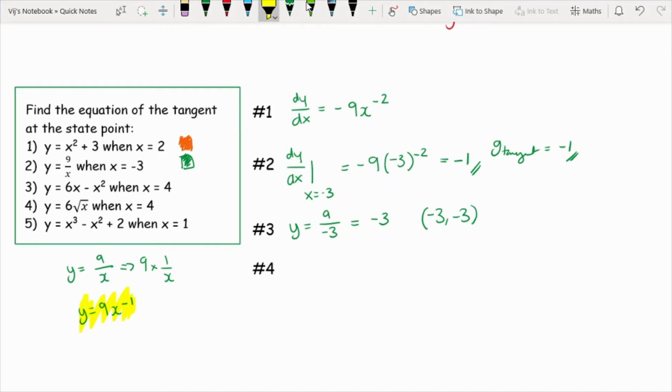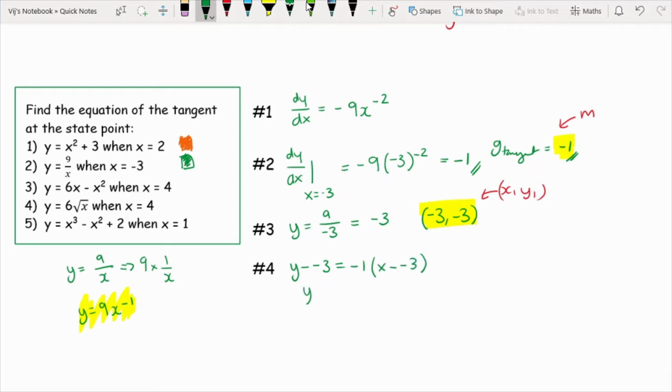So using this as my m, and this as my x1, y1, so if I just label that, so that now is my m, this is my x1, y1, going back to my green. So all I need to now do is substitute this coordinate and this gradient into the form of the equation of a straight line. So I've got y minus minus 3 equals minus 1 times x minus minus 3.